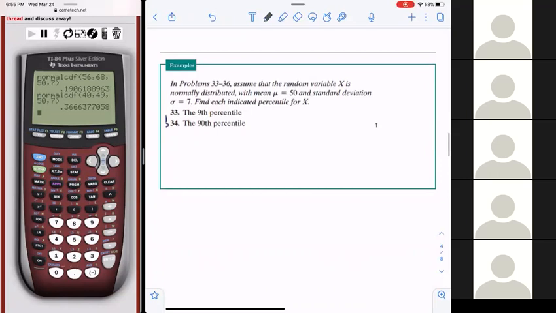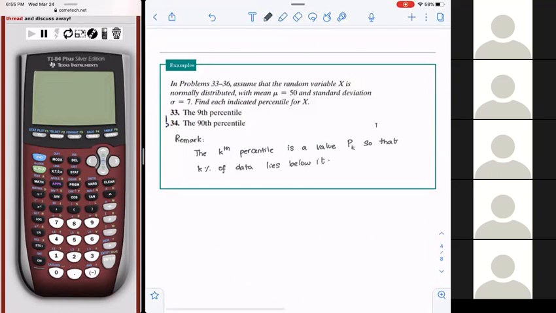So just as a refresher, the kth percentile is a value, P sub k, so that k% of the data lies below it.